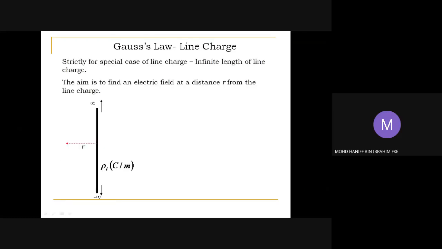So now we're going to proceed with the application of Gauss law in calculating the E field intensity due to a line charge structure. Okay, so there is a special treatment for the case of line charge density, in which the Gauss law can only be applied for the case of infinite length of line charge.